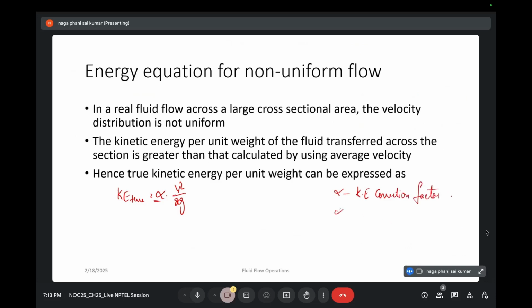The value of alpha will vary from 1.03 to 1.06 for turbulent flow, and this will be equal to 2 for laminar flow.